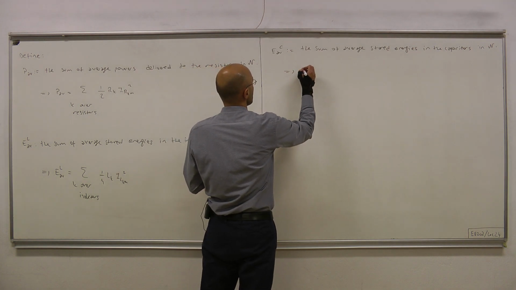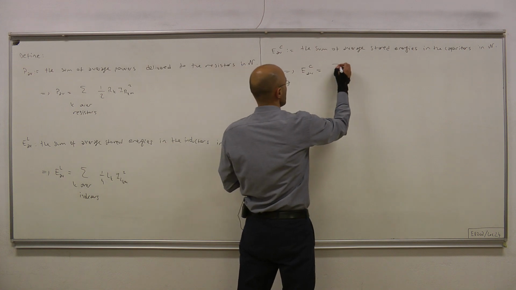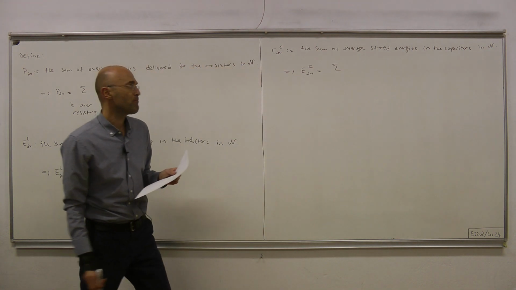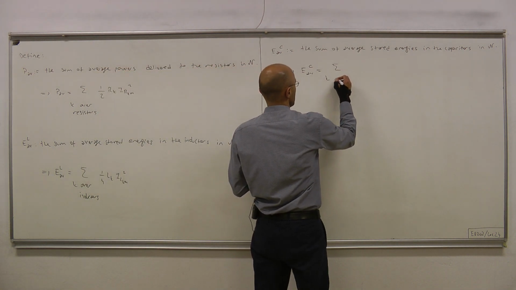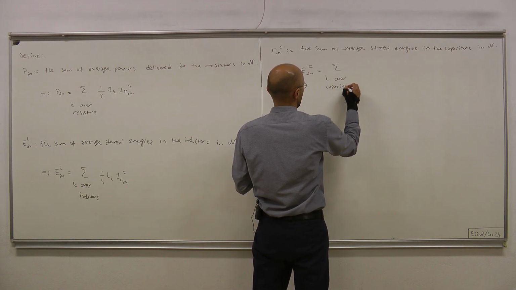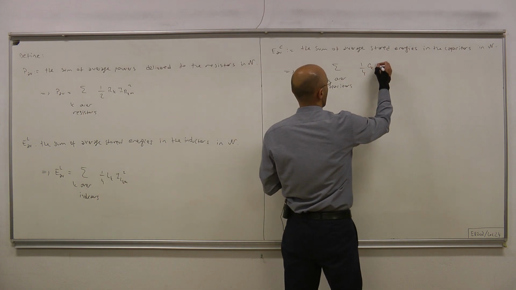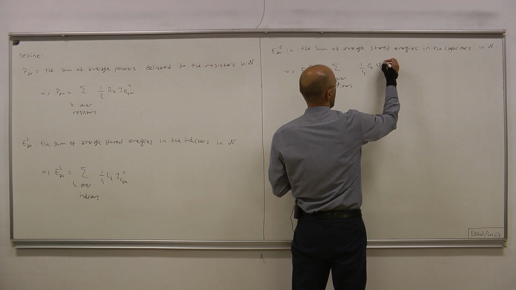In other words, E average superscript C equals this sum, where the summation is performed over the capacitors only, of 1/4 C_k |V_Ck|^2.